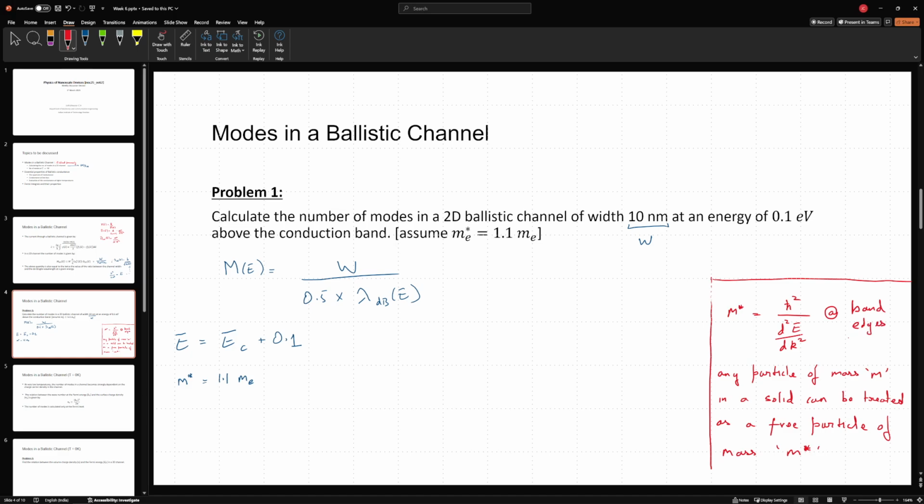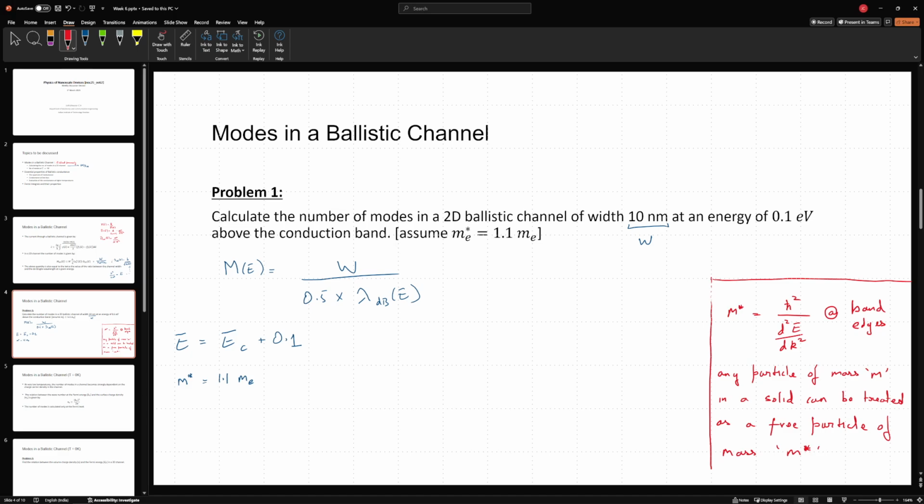Either the minimum of the valence band, or the maximum of the valence band, or the minimum of the conduction band. In general, at any point where the band achieves a maximum or a minimum, I can define a finite value for the effective mass.